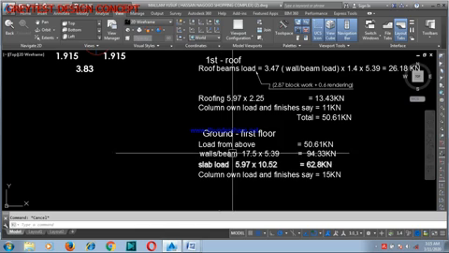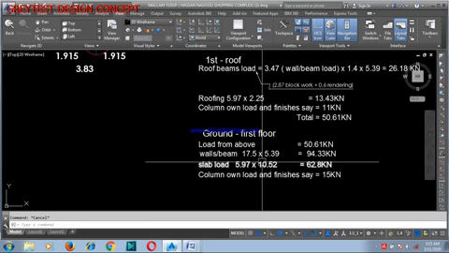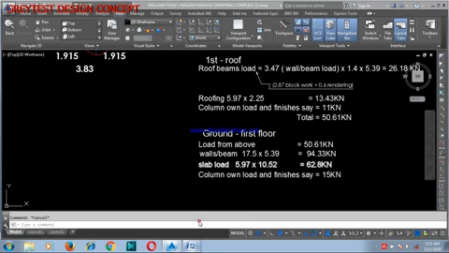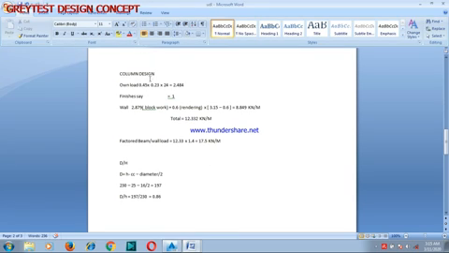Then the wall or beam load, which is 17.5, is gotten from a simple calculation: the own load, finishes and wall, giving the factored beam or wall load.